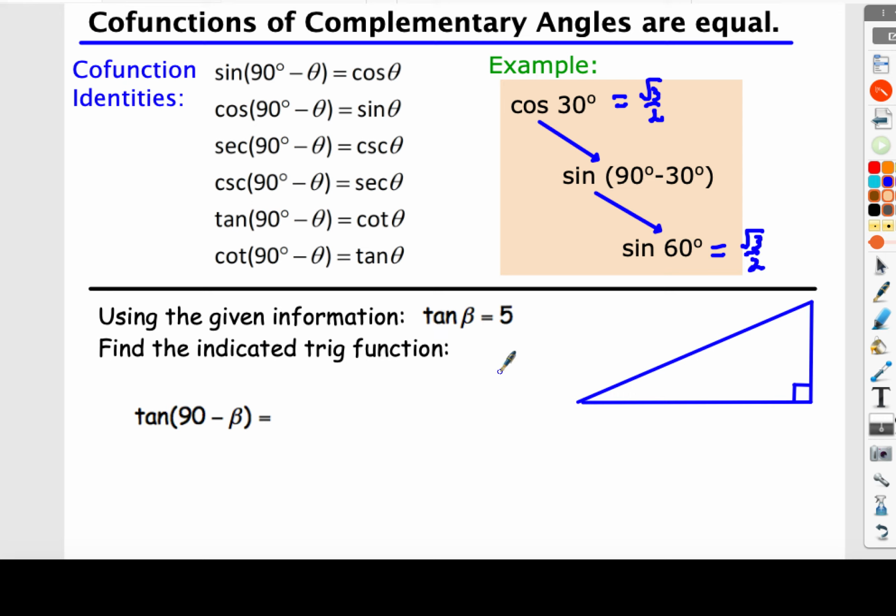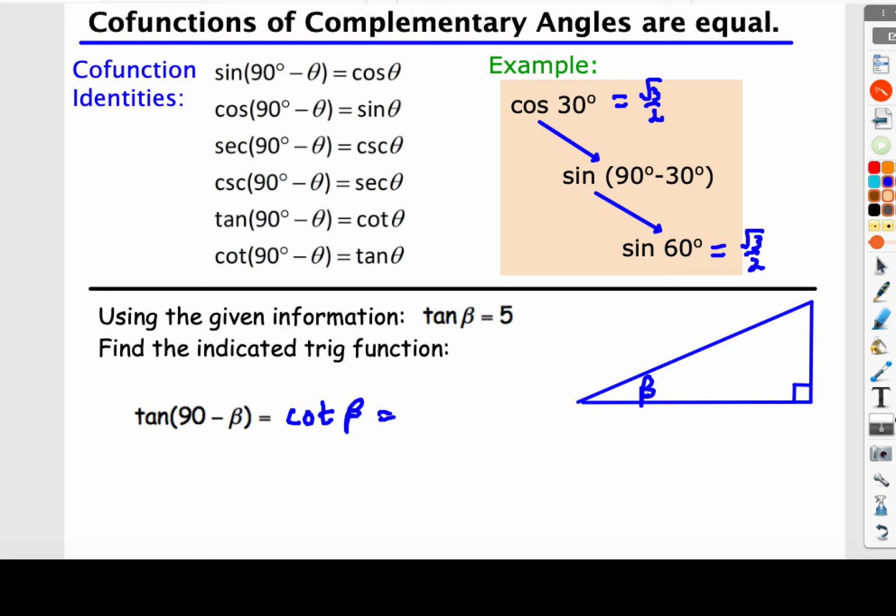So down at the bottom, we can take advantage of that. Notice that we want to find the tangent at 90 minus beta. Well, that should be equivalent to the cotangent of beta. Well, if the tangent of beta is 5, we can label our triangle over here. Let's just say beta is this angle down here. Again, it's pretty arbitrary. It's just a random triangle.